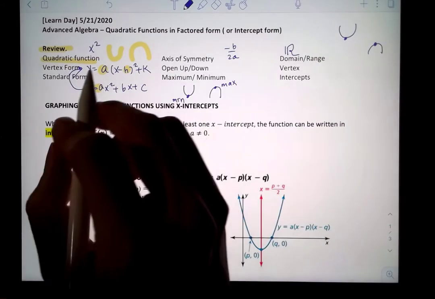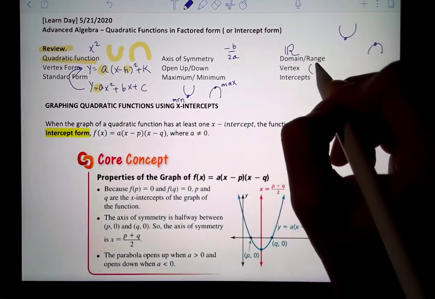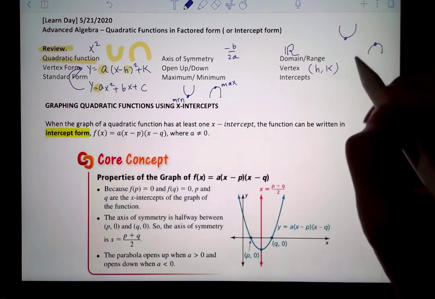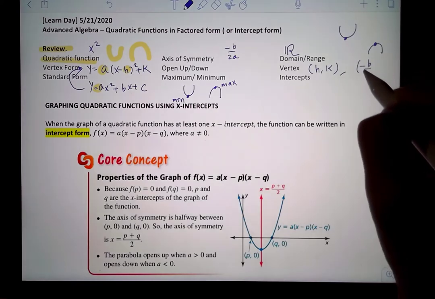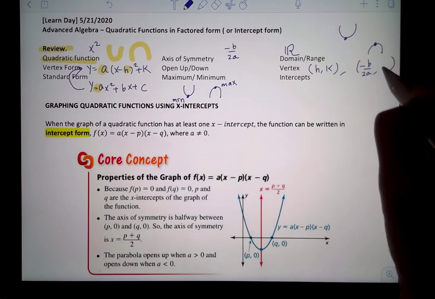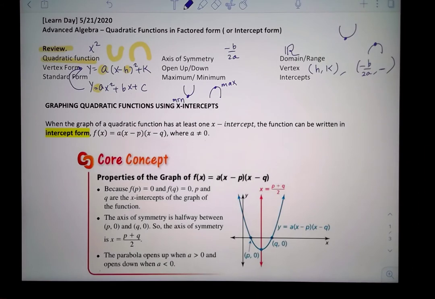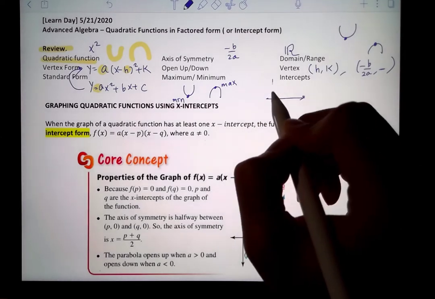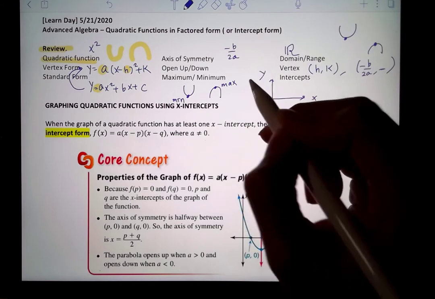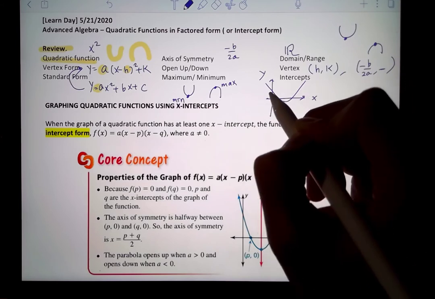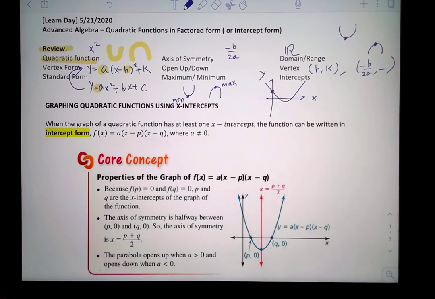And the vertex: from the vertex form, the vertex is (h, k). From the standard form, your vertex is negative b over 2a, comma, whatever you get when you put this number into the function. And intercepts mean wherever the graph crosses the x-axis or y-axis. This is your y-intercept, and these are your x-intercepts.